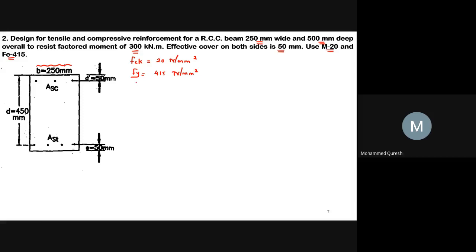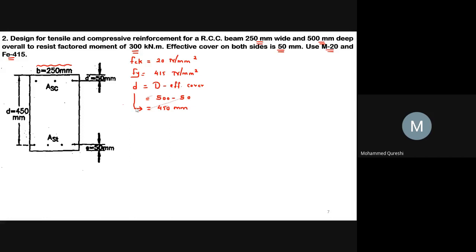Hence, we have to calculate the effective depth. So for effective depth, small d will be equal to overall depth minus effective cover. The overall depth is given as 500 and the effective cover is 50 mm. So we will get small d as 450 mm.